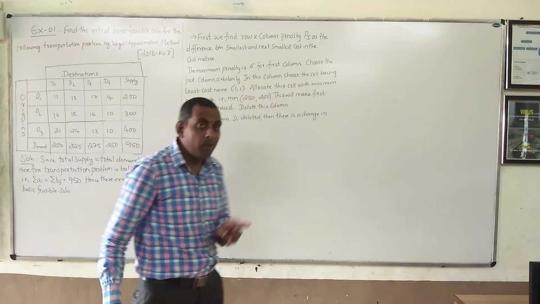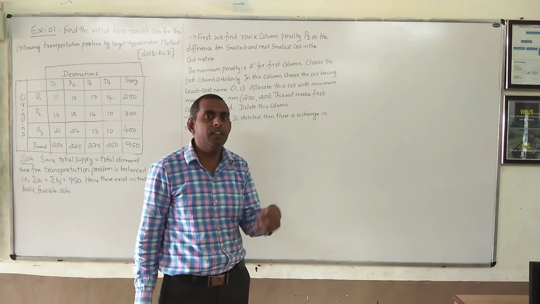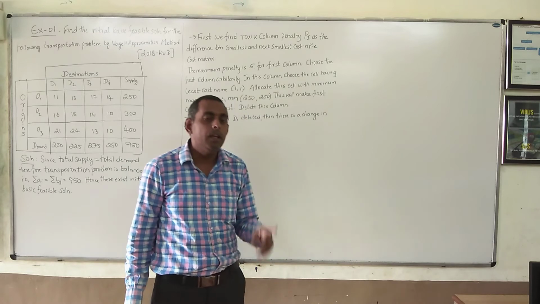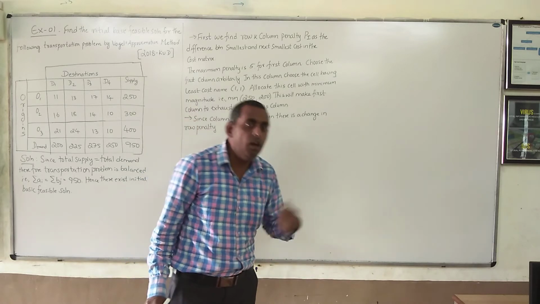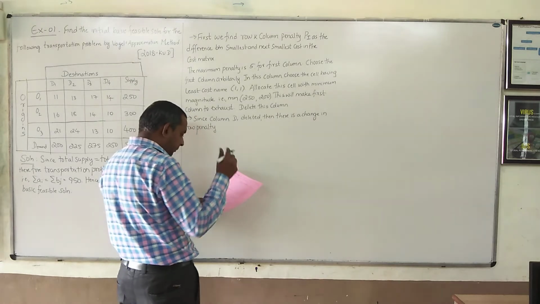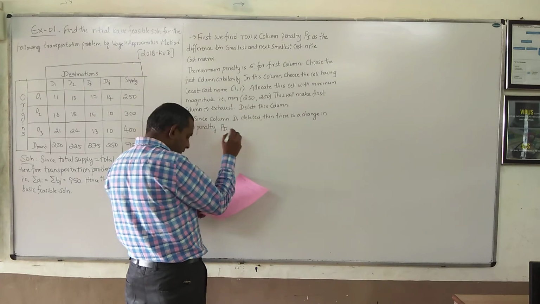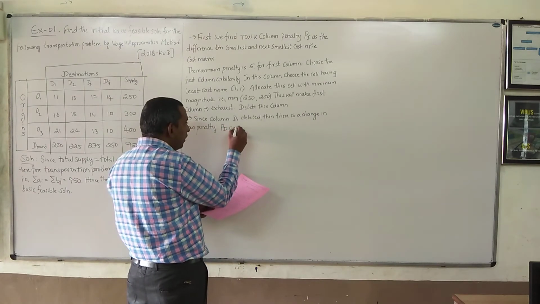So in the algorithm, in the note section we have studied, if a column is deleted, there will be a change in row penalty. If a row is deleted, then there will be a change in the column penalty.